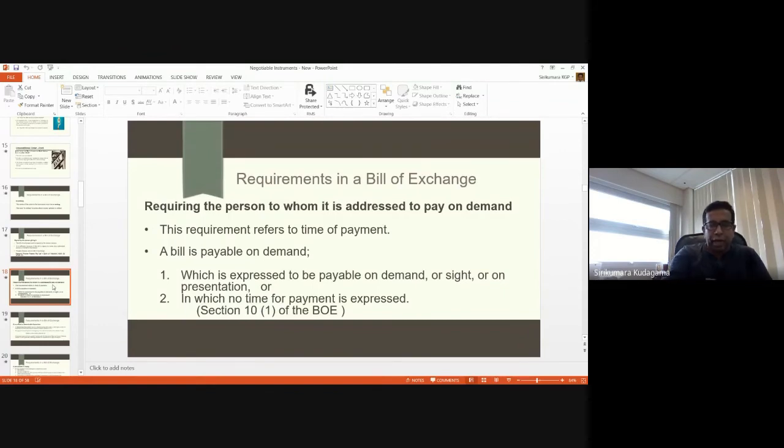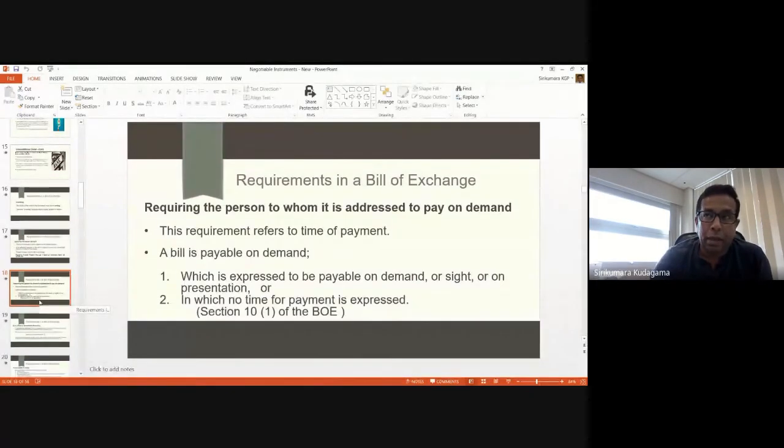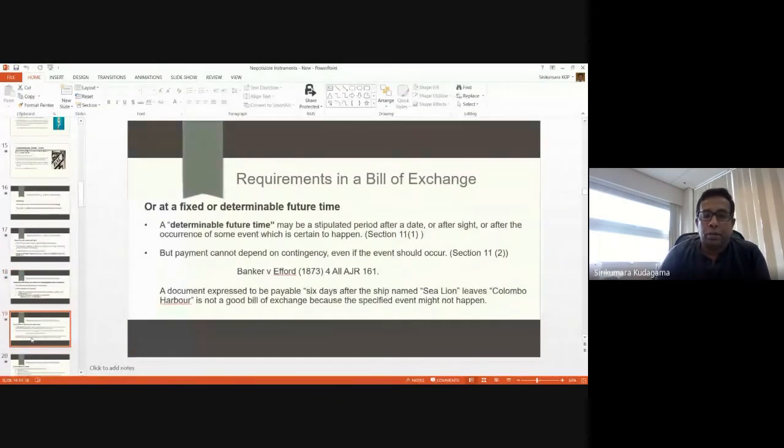I'll go into that later. Forget about the second bullet point here. It can be payable on demand, or at a determinable future time, or at a fixed time. A determinable future time may be a stipulated period after a date, or after sight, or after the occurrence of some event which is certain to happen, right?